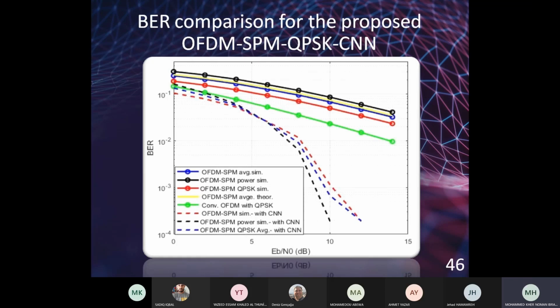Also, the bit error rate becomes exceptional at high SNR. About 4 dB SNR gain is achieved at low SNR. But the obvious improvement, as you see here, starts from the value of 8 dB in the signal-to-noise ratio.